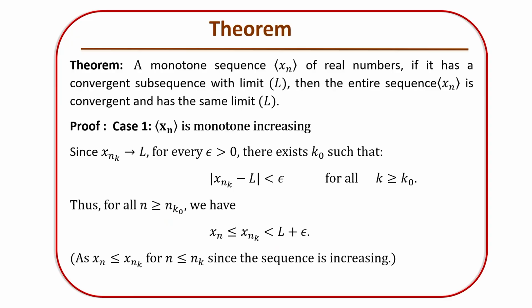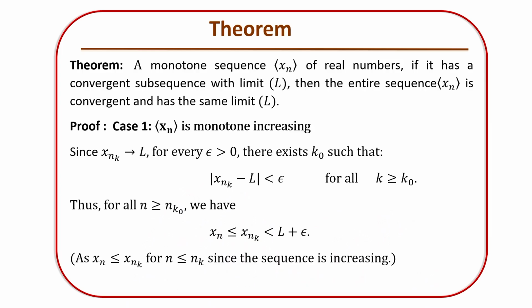So it is a non-convergent sequence. That is why monotonicity is important for a convergent subsequence to lead to a convergent sequence. And now I will prove that. So consider, for simplicity, that x_n is a monotonic increasing sequence, right?